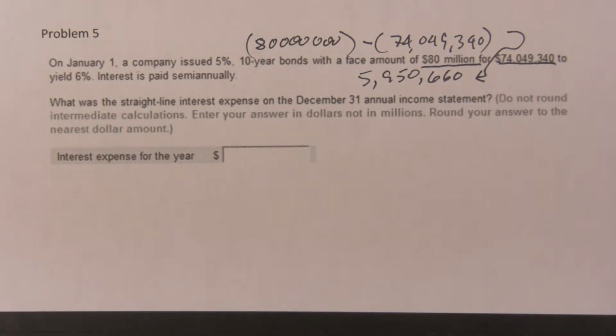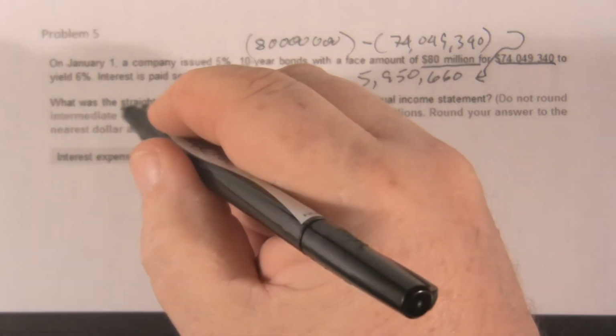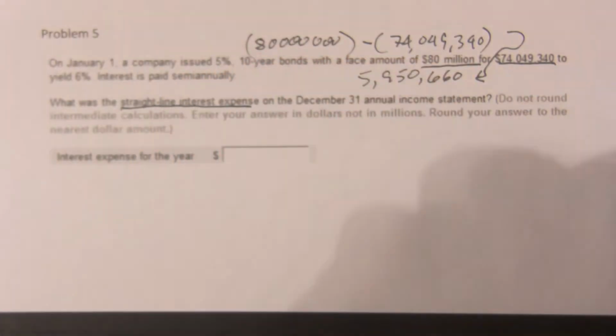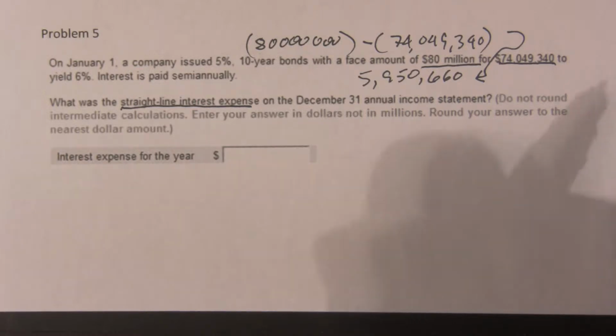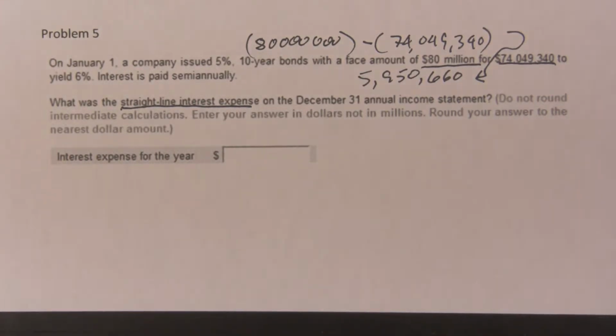Now, this company, despite FASB's best intentions, uses the straight line interest method. In other words, every time they make an interest payment, they use an equal part of the discount they apply, okay?